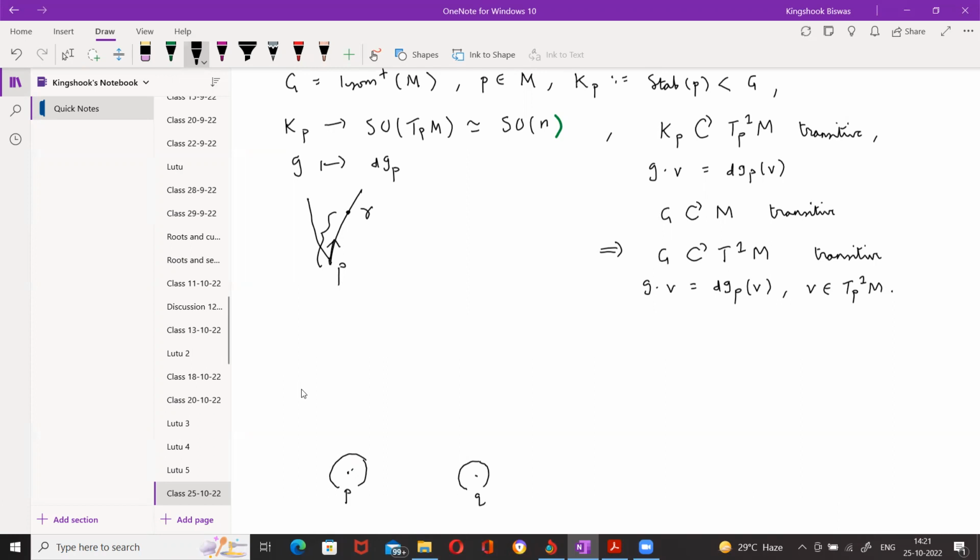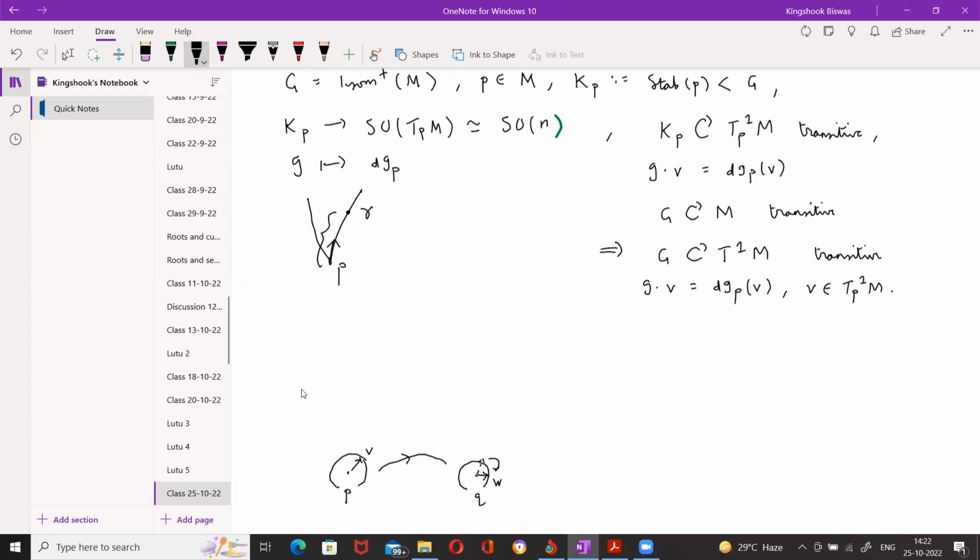And if I have a V here and a W here, then first of all, I have some element of the isometry group, which maps the point P to the point Q. So that will send this tangent vector V to some tangent vector V prime. And then I apply an element of the stabilizer of Q to send this tangent vector to W, right? Okay, so this action is transitive, right?